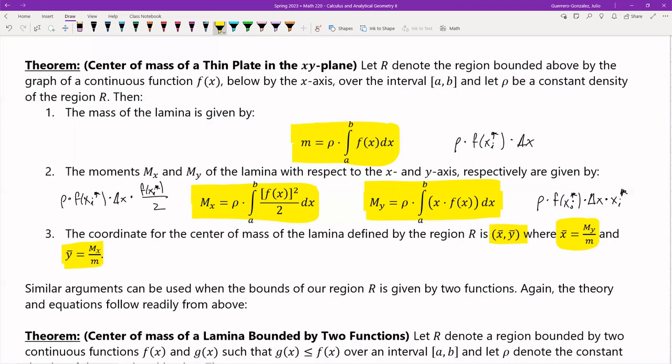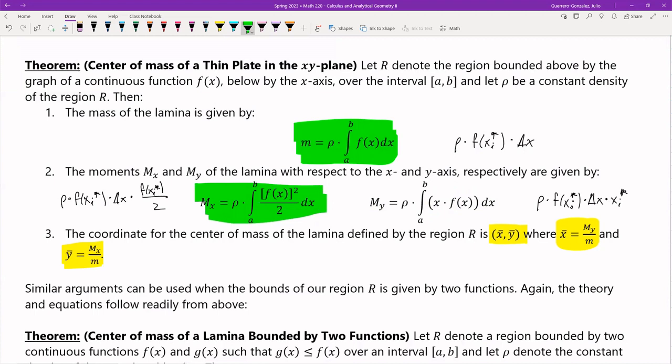Let me highlight the three equations in green. This is the first one of the three green ones. This one is the second one. And this one is the third one.